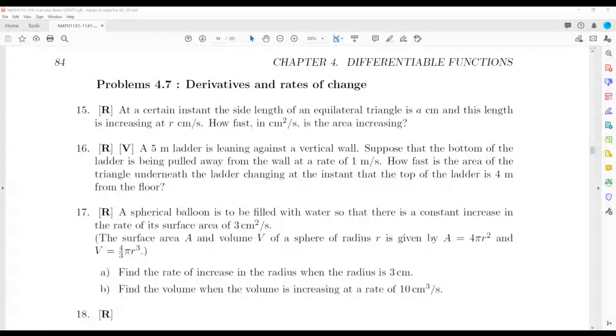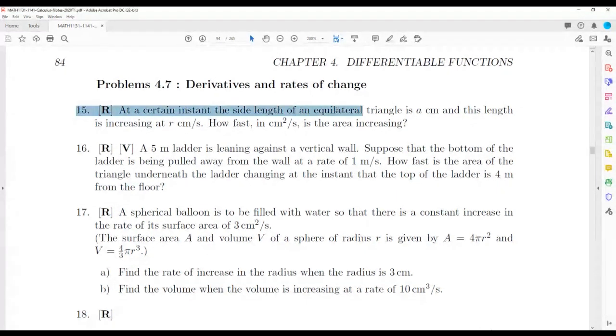Okay, so I'm going to stop that share, and I'm going to go back to the PDF. Some of you may have seen these kinds of problems at school. The related rates questions where you're using the chain rule to solve a problem. So I'm going to do 15.